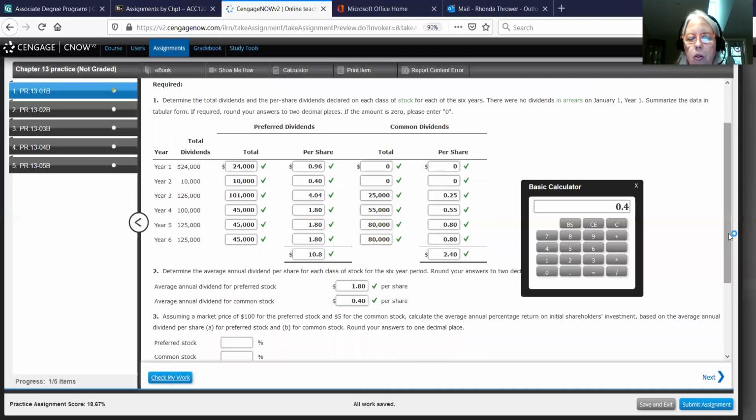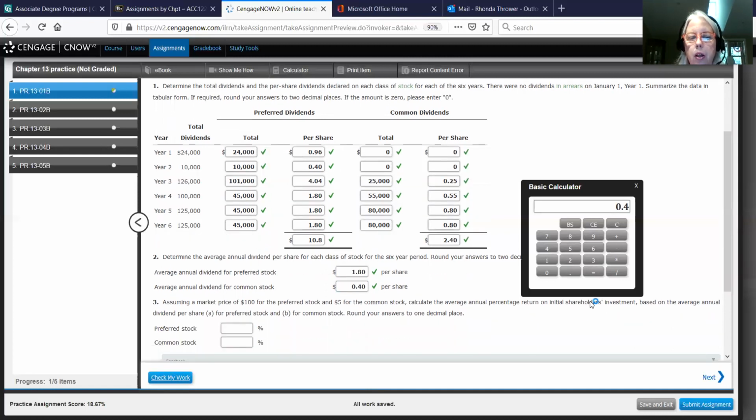In the last part of this problem, they're telling you to assume a market price of $100 for the preferred stock and $5 market price for the common stock. They want you to calculate the average annual percentage return on the initial shareholders' investment.